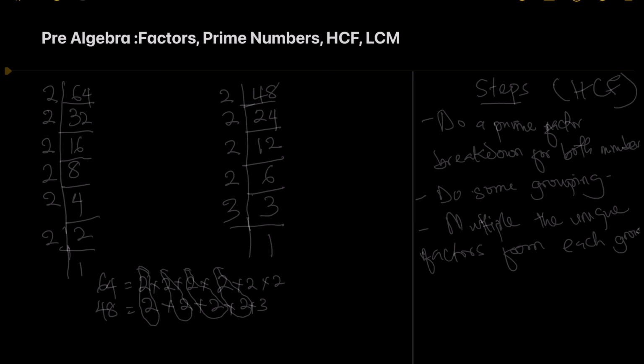For each group, the unique of this group is just one 2, and this is also 2, and this is also 2, and this is also 2, right? So we just pick one of the 2s, bring it down, and then we multiply all through the uniques that we got. And then here we are getting our answer as 4 times 4, which is 16, right? So 2 times 2 times 2 times 2 is 2 raised to the power 4, and we get 16. So our HCF in this case will be 16.